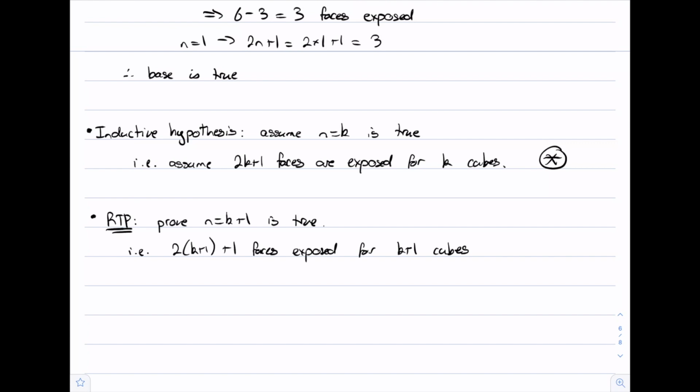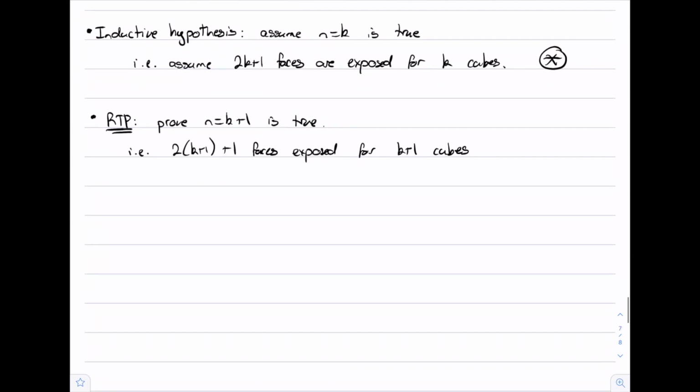And I'm actually going to start with my assumption. So suppose that we have k cubes. Then by star, there are 2k plus 1 faces exposed. Okay, so this is just really restating our assumption. So we've actually used our assumption.